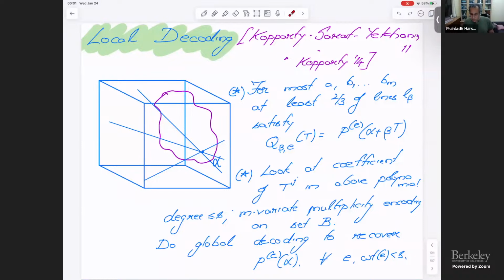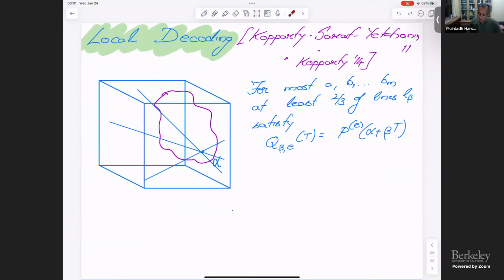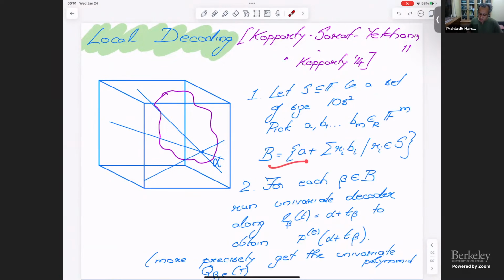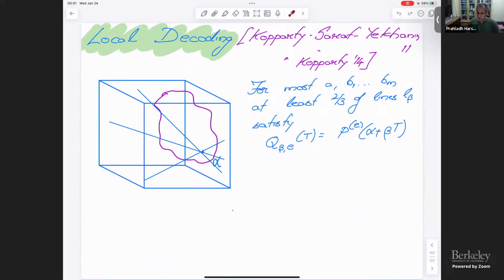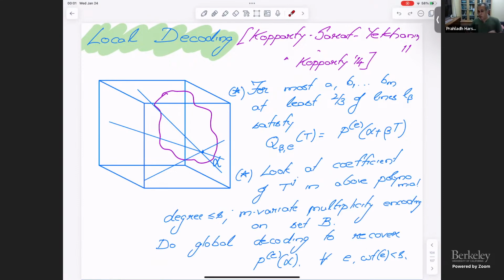And if you notice, the polynomial that you get will actually be a degree S polynomial. It's M-variate, and it's exactly a multiplicity encoding on the set B which we had defined over here, which looks like a grid of size S to the power M. So this is a smaller problem of the same type, but of much smaller degree.